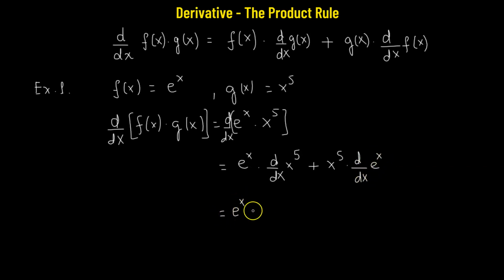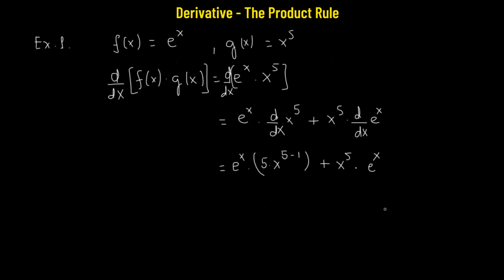This will give us e raised to the power of x. To differentiate x raised to the power of 5, we use the power rule. So this will be simply 5 multiplied to x raised to the power of 5 minus 1 plus x raised to the power of 5 multiplied to derivative of the exponential function, that will be the exponential function itself.